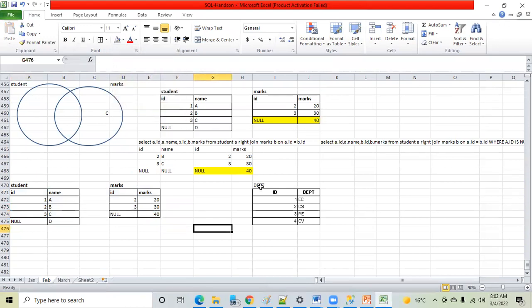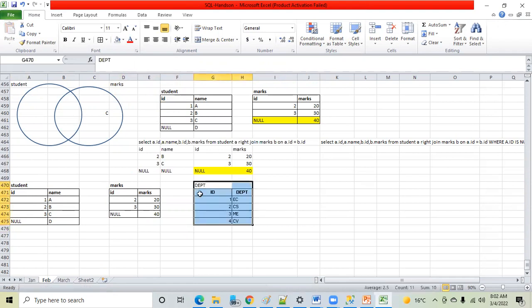Now the requirement is that the principal wants ID, name, marks, and department. The principal is saying: tell me each student's name, how much marks they have scored, and in which department they are listed.